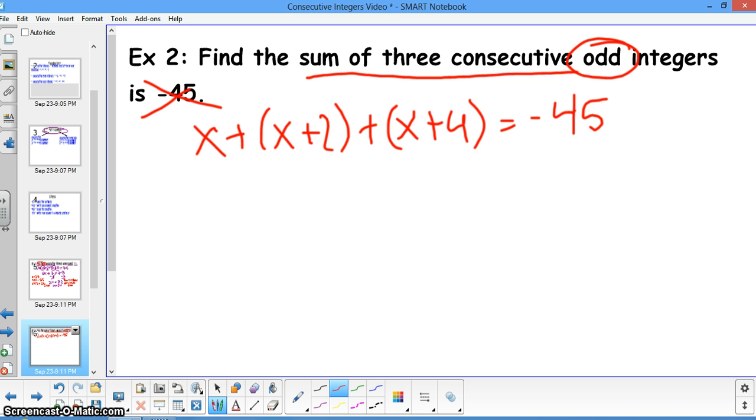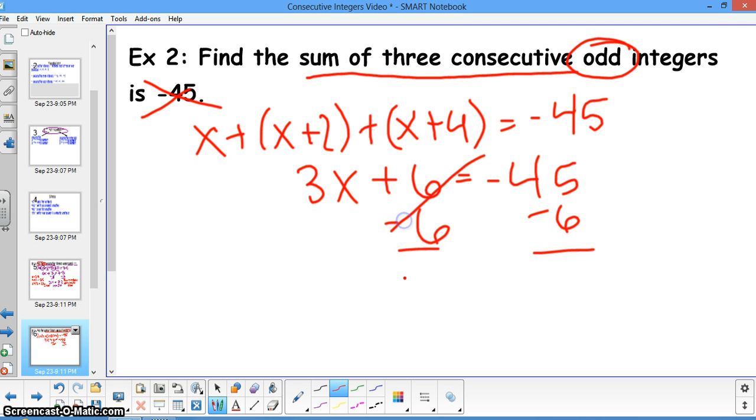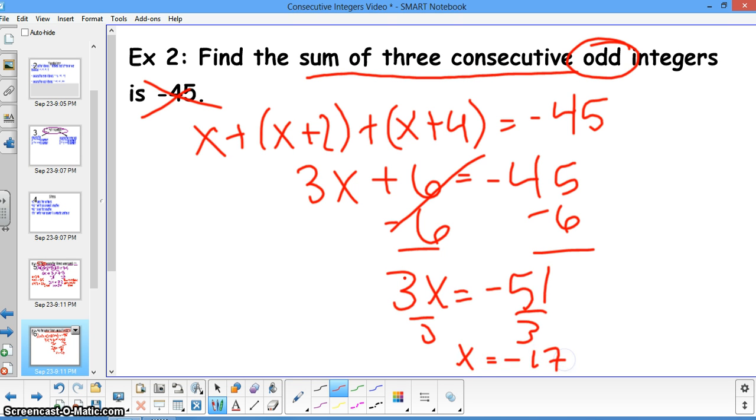Same steps, solving equations: combine like terms, which is your x's, then combine the numbers that are like. And I have a very simple two-step equation that I can solve with no problem. So I get negative 17.